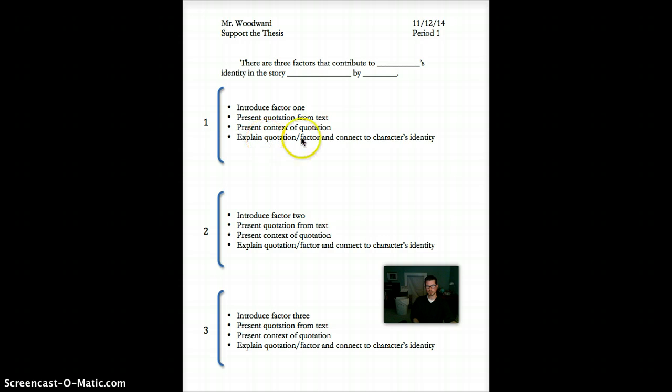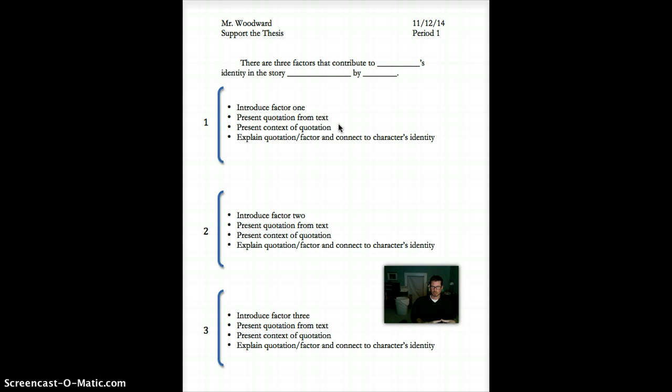The context of the quotation is making sure that the reader understands what's going on around that quotation. Again, this is not the location of the quotation on the page. It's what's happening at that point in the story. The way you should think about it is anybody should be able to read your support the thesis assignment and understand what's happening even if the reader has not read the story.